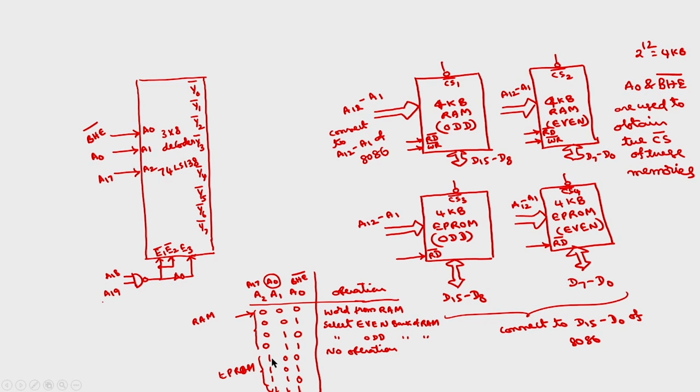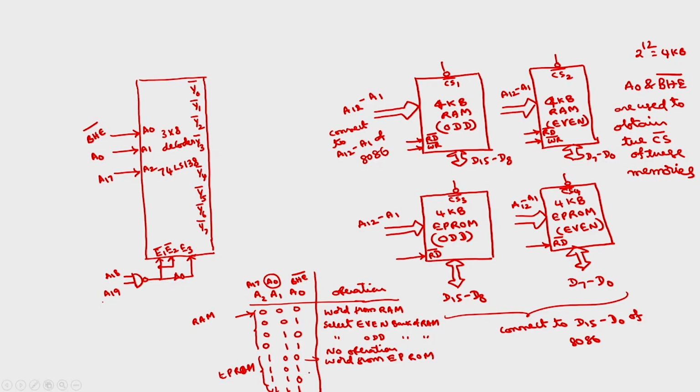So A2 is 1 means EPROM by default because of that address map that I have discussed in the previous slide. So A0 is 0 means this one will be word from EPROM because both BHE bar is 0 as well as A0 is 0.